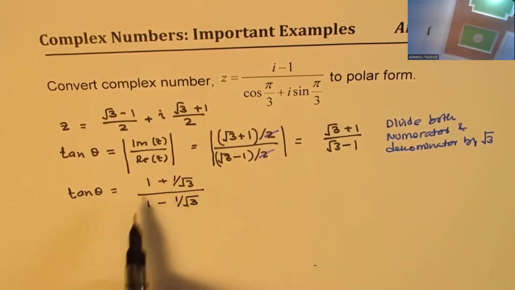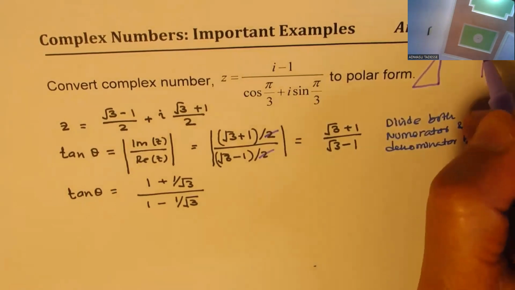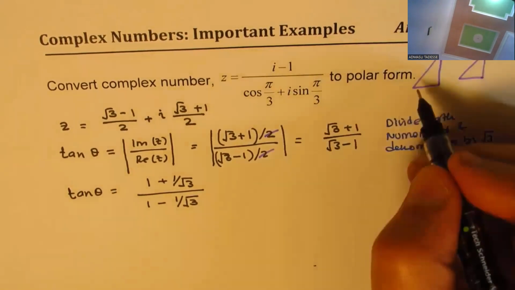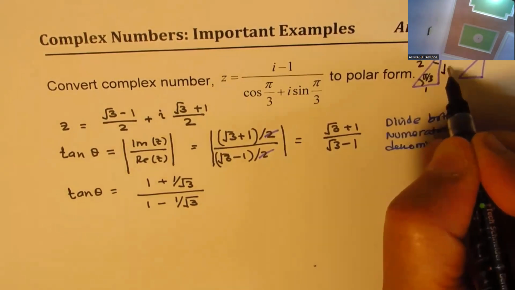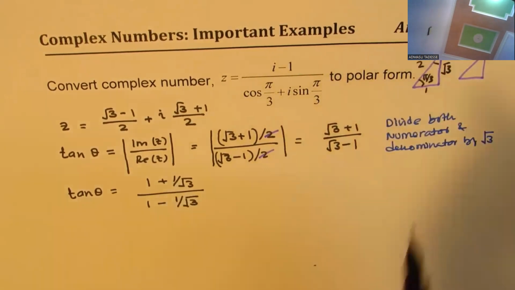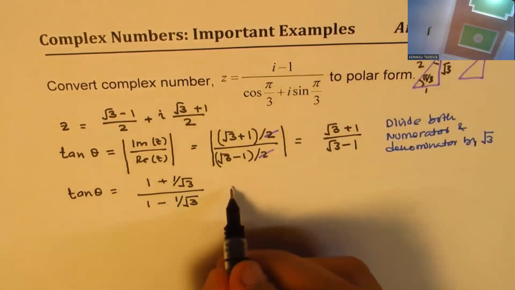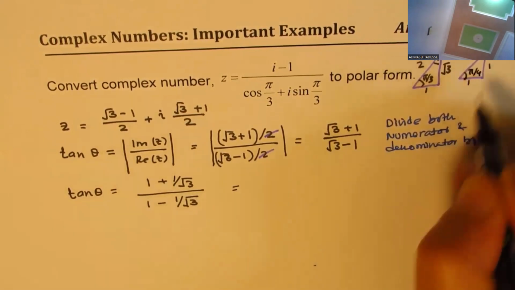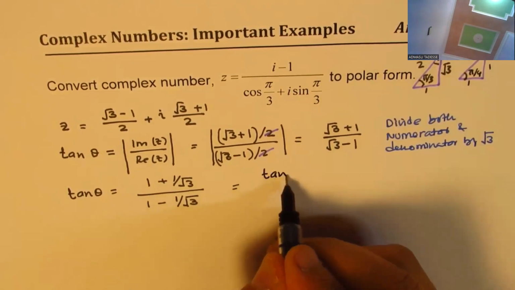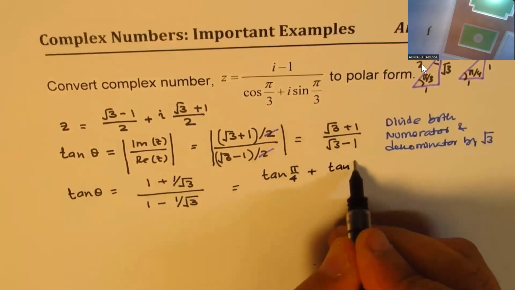Now, in terms of tan, how can you write 1? Let's look into our special triangles once again. We have these two special triangles. For pi by 3, we wrote 1, 2, and square root 3, right? We're looking at 1 over square root 3, which will be pi by 6, correct? So I could replace the numerator: 1 reminds us of the pi by 4 triangle. So 1 could be replaced by tan pi by 4, plus tan pi by 6.